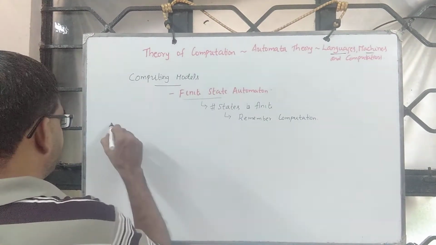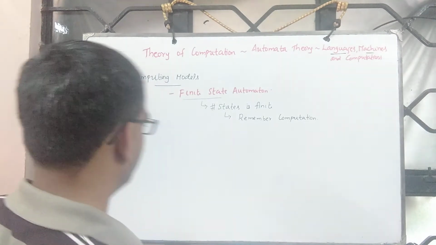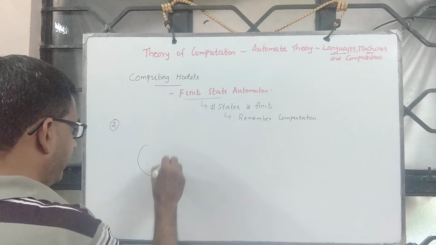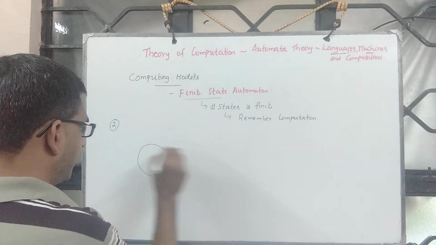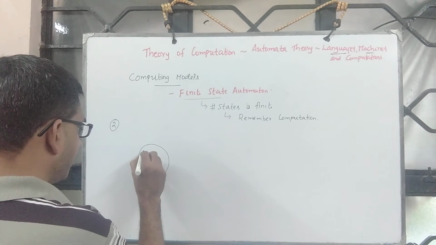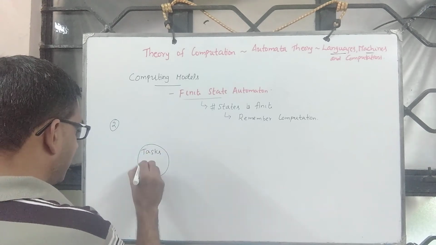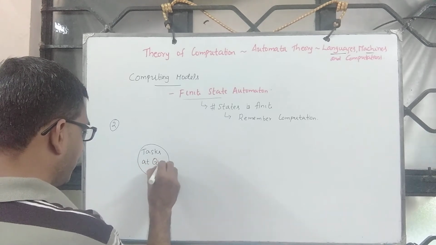Consider this example, which we often see in the context of scheduling. There are many tasks waiting for the CPU. So these are all the tasks, and they are in the waiting queue.